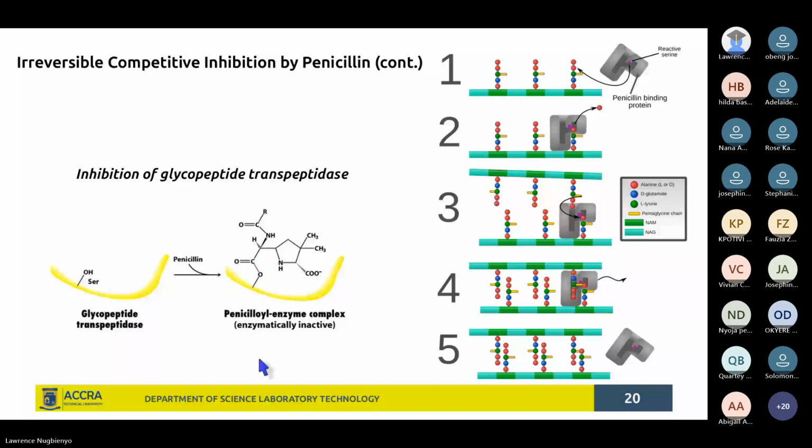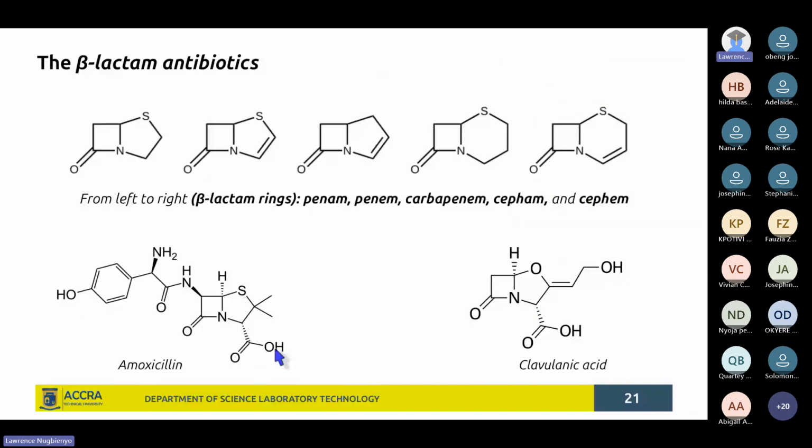Now, I think some of you who have perhaps done some industrial attachment in pharmaceutical settings may have come across this term, the beta-lactam antibiotics. It's referred to a lot if you go to the pharmaceutical companies.